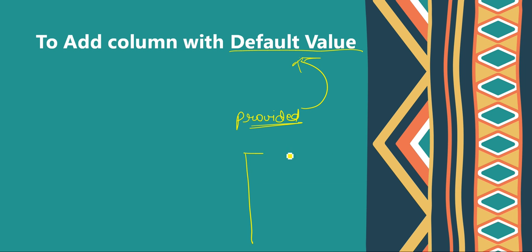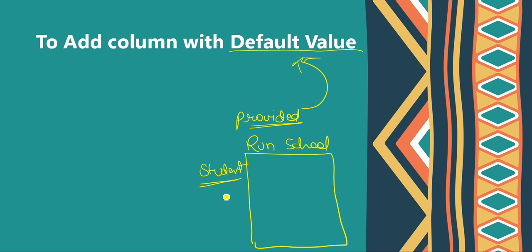Let's say I run a school, and inside this school I take student details. So whenever a student comes to me, I'll basically ask for some information like name of the student and their age and their mobile number or something like that. Let's say some student came to me and he just told me that she or he doesn't have a mobile number in his home or in his house.